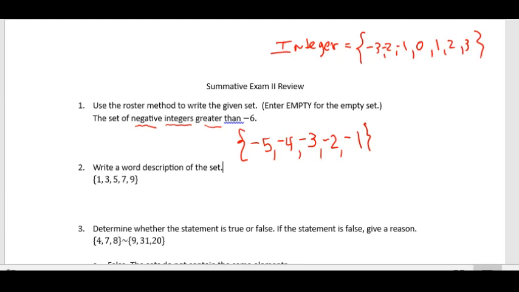Number 2, write a word description of the set 1, 3, 5, 7, 9. So you want to ask yourself what set would describe these numbers best. So remember, we also have the natural numbers, and the natural numbers go from 1, 2, 3, 4, and so on.